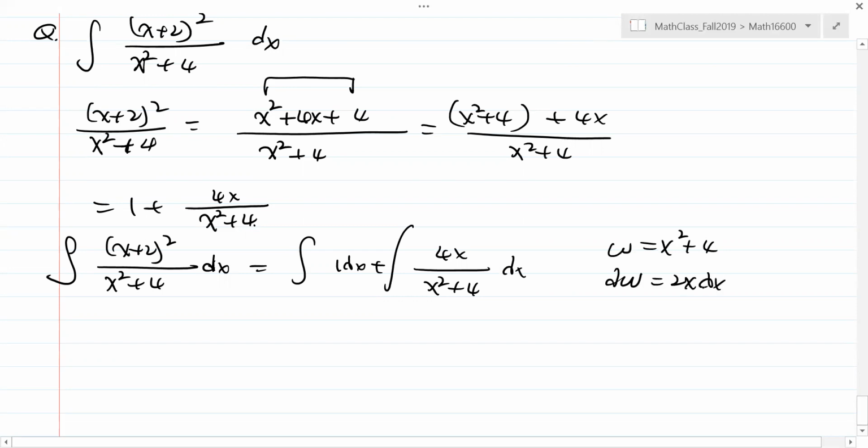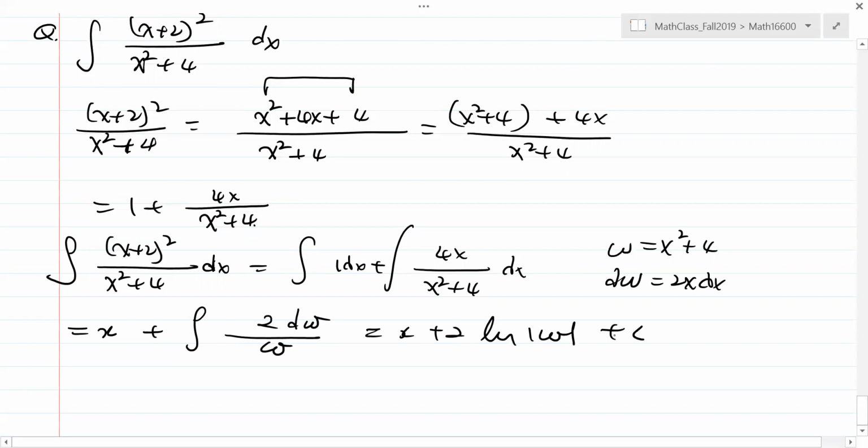All right, so the first term is x. The second term, I change it with the substitution, it's 2 dw over w, because 2x dx is dw, so 4x dx is 2 dw. Then you have this, okay?